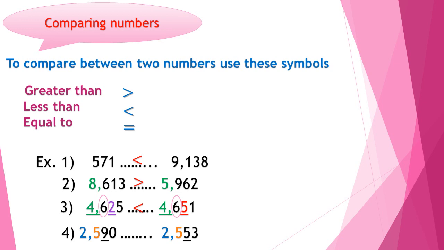Then look at the number in tens. We have here 9 in tens and 5 in tens. Then 9 is greater than 5. So 2,590 is greater than 2,553.